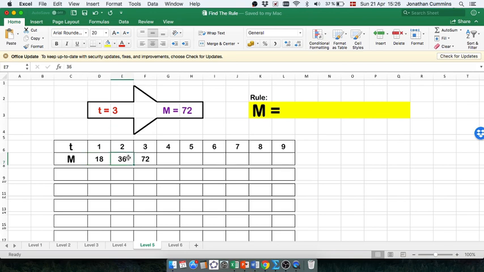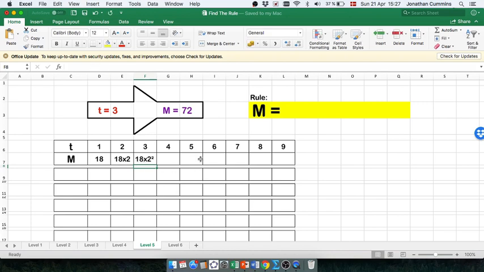This one here is 18 times 2. This one here is 18 times 2 squared. And so on and so on.